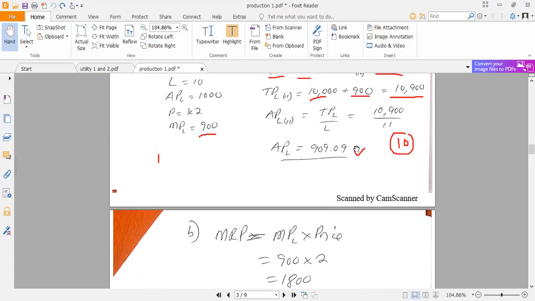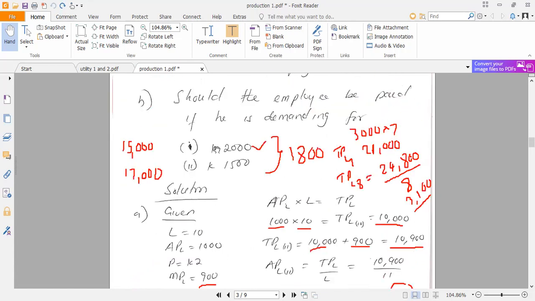If you compare these two prices that he's asking for, if he's asking for 2,000, he's asking for more, we can't afford it unless it's an expatriate.